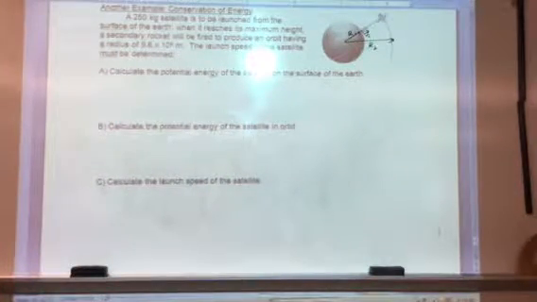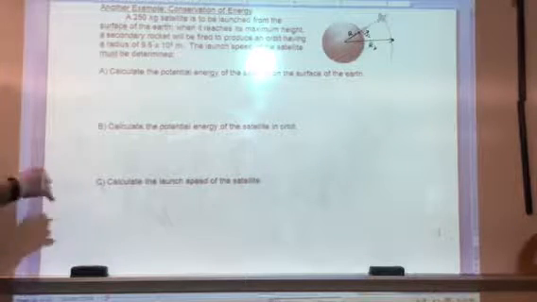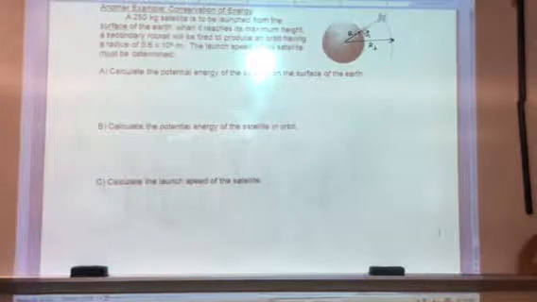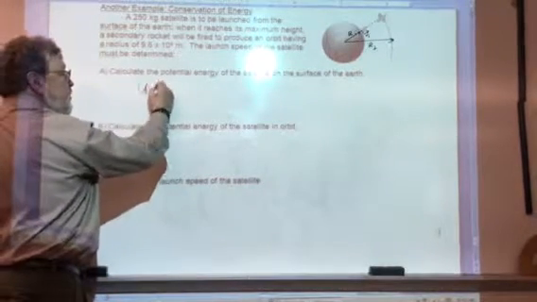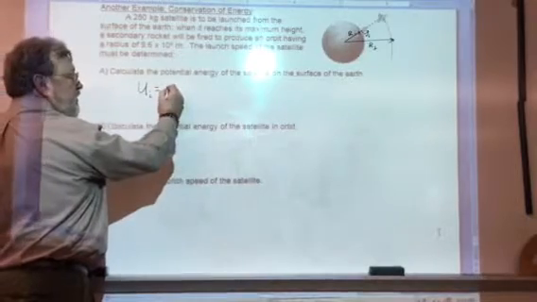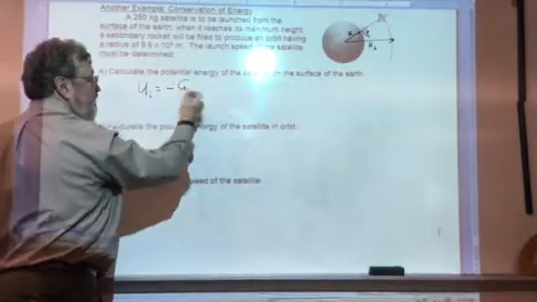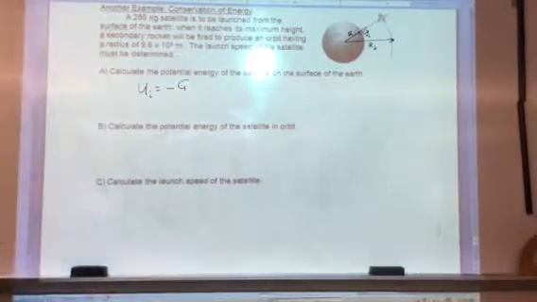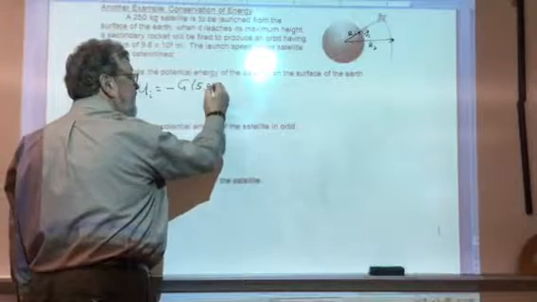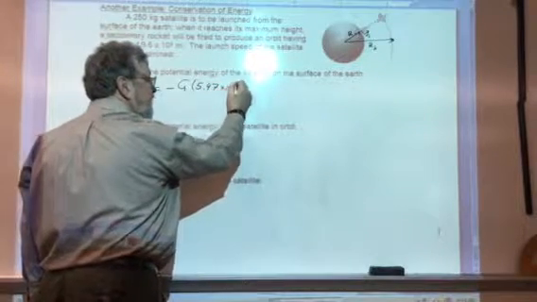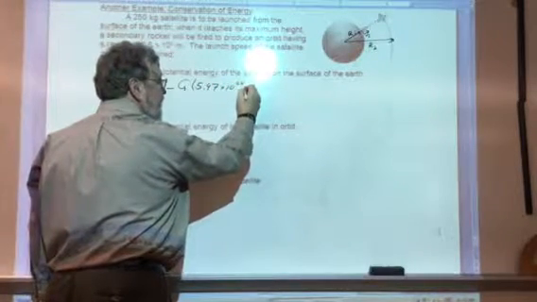So what we can do first of all is this: if we start out by thinking, I need to know the potential energies in the equation, you can calculate each one individually. I know where it is on the surface of the Earth, so the initial potential energy is going to be on the Earth. It's going to be minus G, and we'll put in the specific things. The big mass would be the mass of the Earth, and I know that's 5.97 times 10 to the 24th, because I've used that enough times.